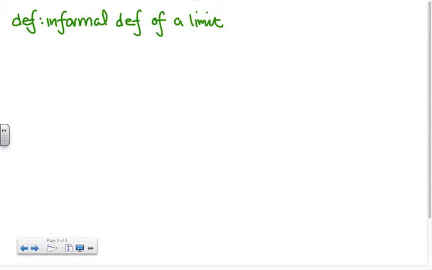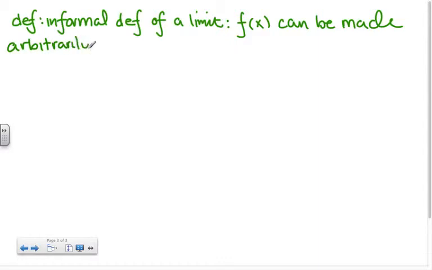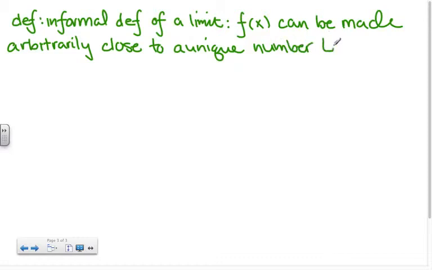So it says that f of x can be made arbitrarily close to a unique number L by choosing x sufficiently close but not equal to c.